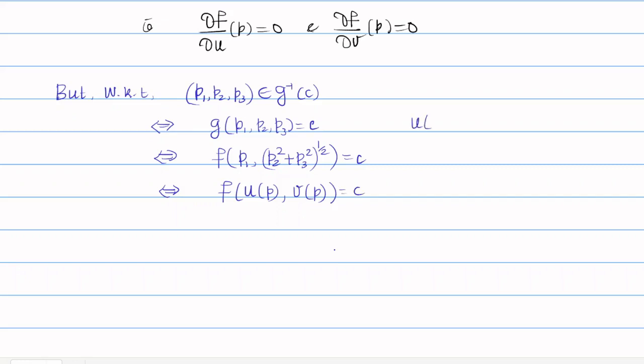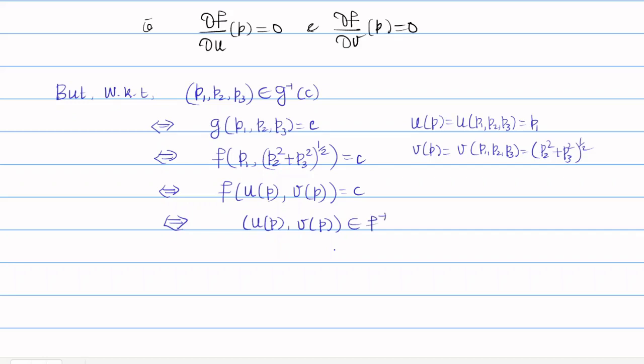That is u of p அப்படிங்கிறது யாரு அப்படின்னா u of P1, P2, P3 which is equal to P1. அதனால தான் அந்த P1 பதிலா நான் இப்படி எழுதியிருக்கேன். அதே மாதிரி V of P which is equal to V of P1, P2, P3 which is equal to P2 square plus P3 square the whole power 1 by 2. இதுதான் இங்க எழுதிட்டேன். அப்போ this if and only if u of p comma v of p belongs to f inverse of c that is equal to என்னுடைய capital C.